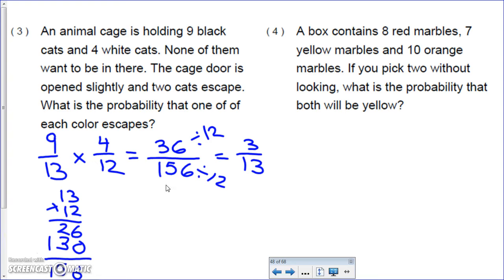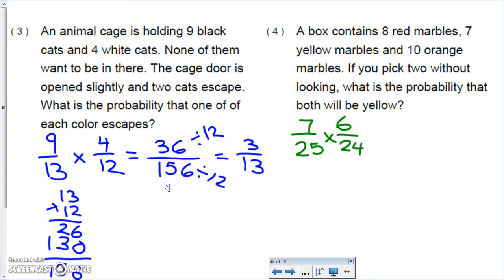Four, a box contains 8 red marbles, 7 yellow marbles, and 10 orange marbles. If you pick 2 without looking, what is the probability both will be yellow? So we start with 7 yellow marbles out of 25 marbles. Then it's going to drop down to 6 yellow marbles out of 24 marbles.